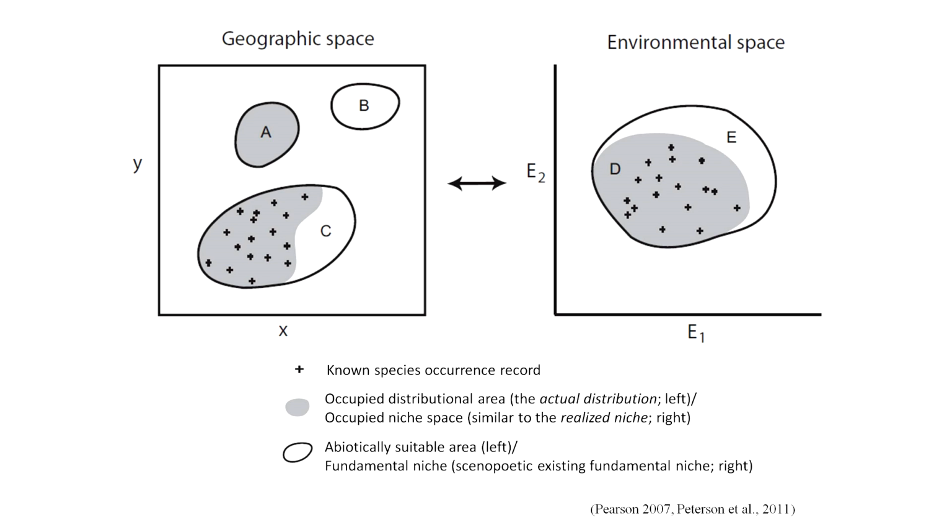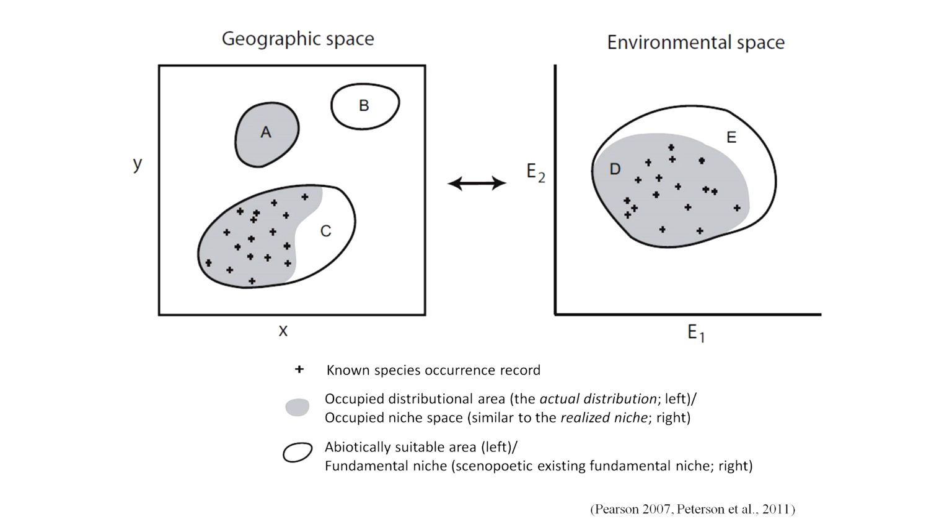We might not have records from some of those areas, as I've said, but equally the species might not actually be occupying some of those areas. Right? So this is the difference between the actual distribution of the species versus the abiotically suitable area.